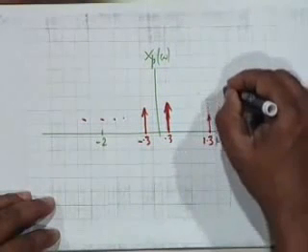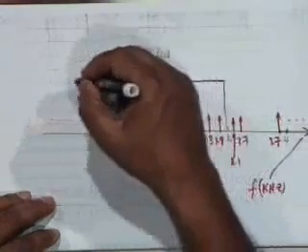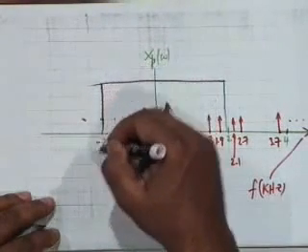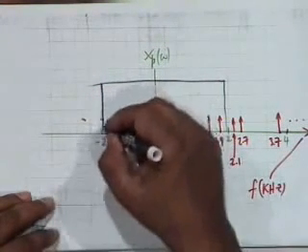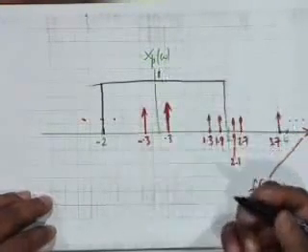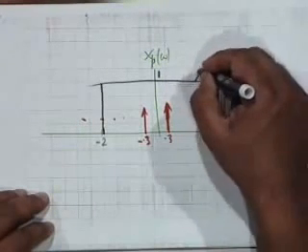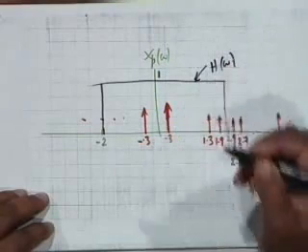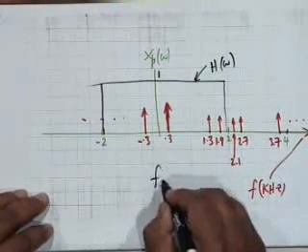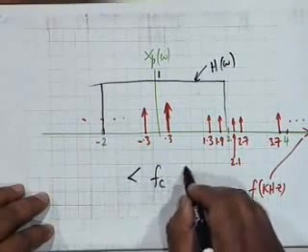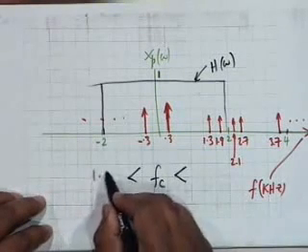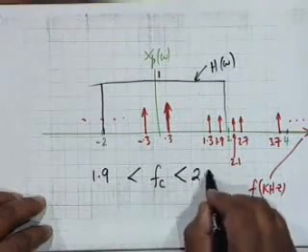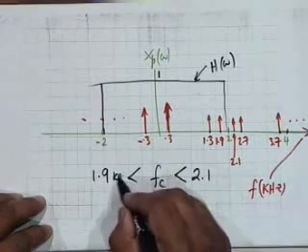It doesn't have to be exactly 2. I could have something like this, where this is 1 for simplicity, and this is H of omega that is needed to recover, and fc obviously has to lie between 1.9 and 2.1 kilohertz.